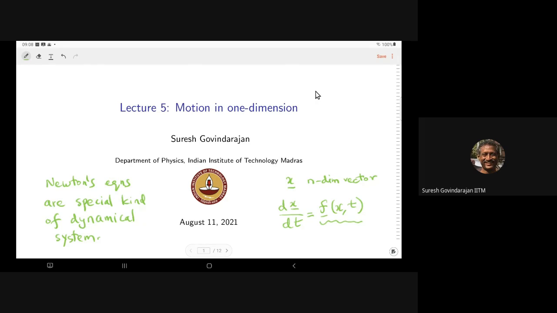And what we will find is that it's enough to give one function instead of giving n functions. So at a fundamental level, that's what is happening. But of course, there are systems where the more general dynamical system approach is used.